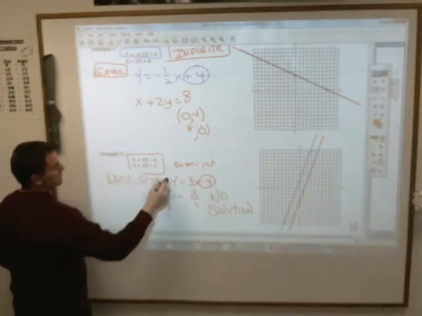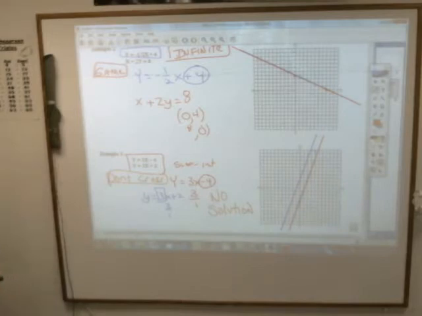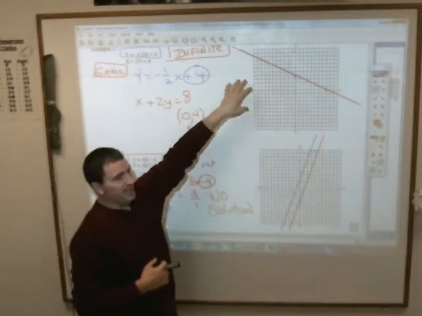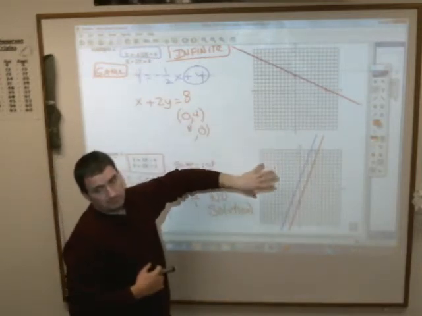Don't cross, no solution. Okay, so those are your three cases. Either they never cross, they're the same line, or they cross. Now what little fact do you know about these two cases here?